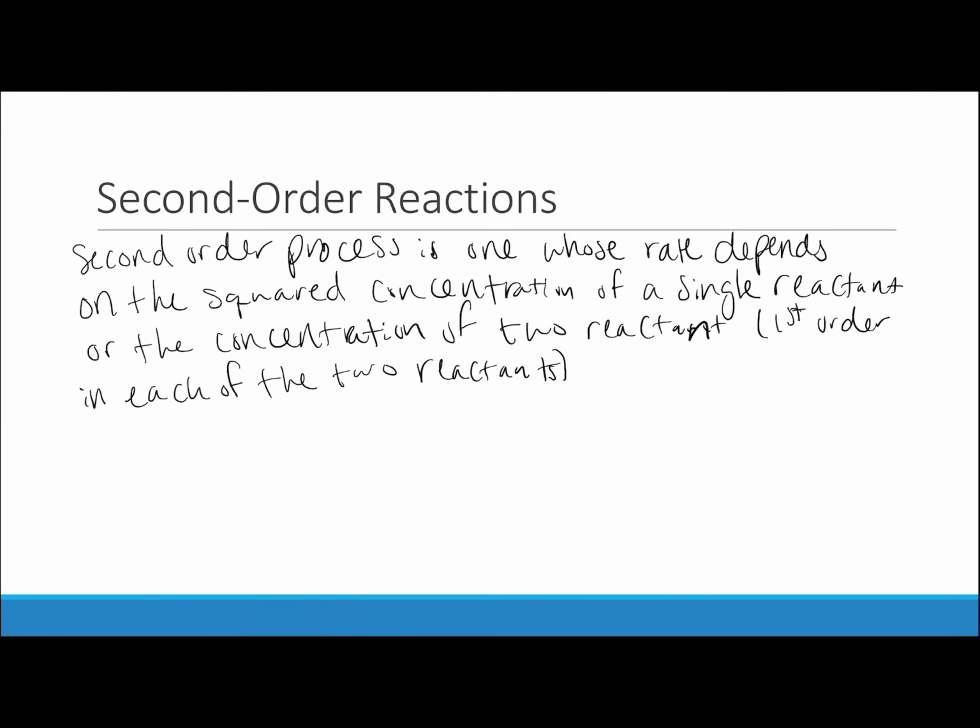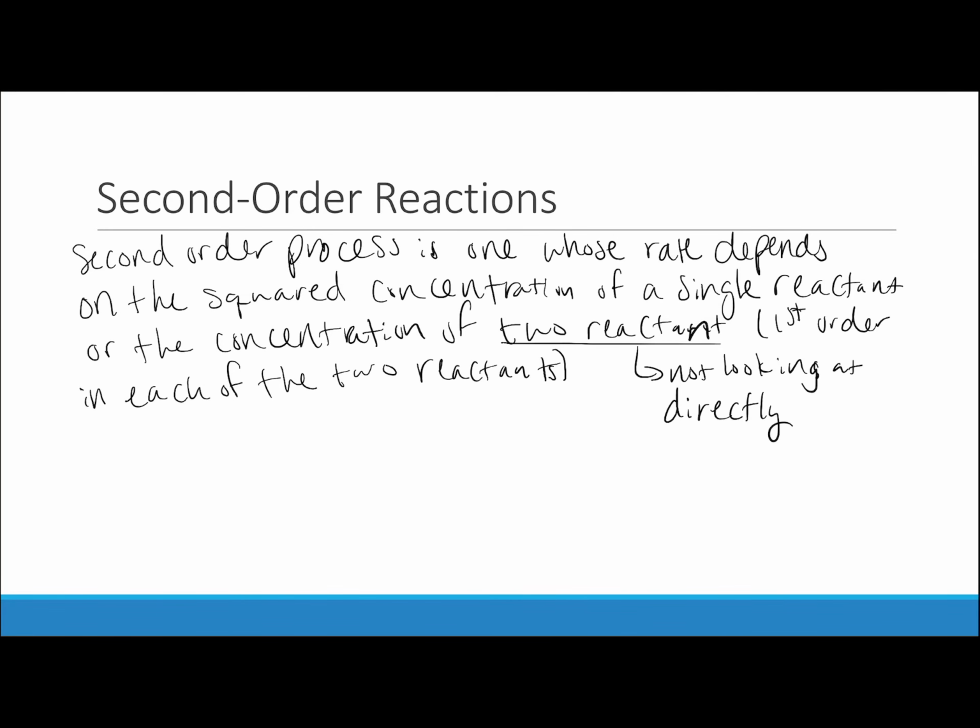We will not look at this one directly. We will look at what's called a pseudo first order, but the math to get a second order process is very, very messy if we have two different reactants. So we're going to stick with second order with one reactant.